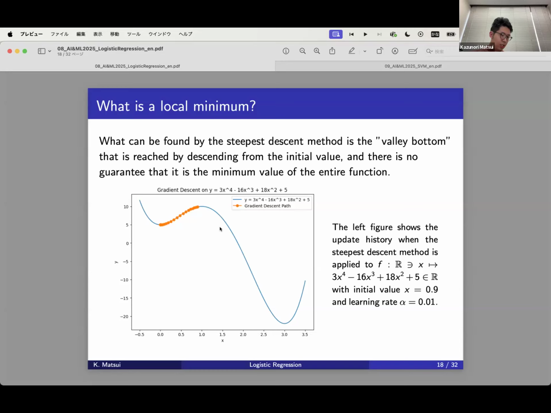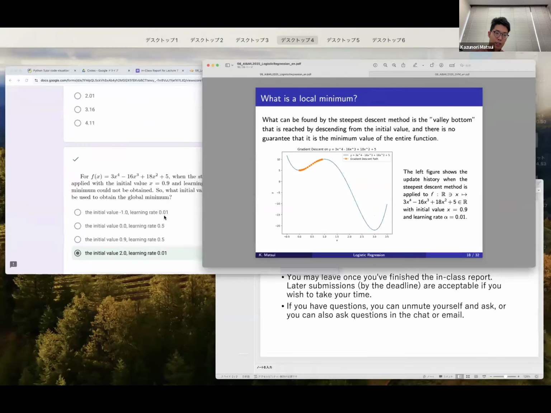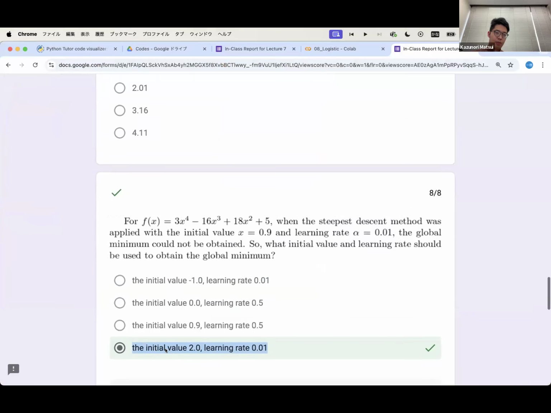However, since we know the graph of y equals f(x) from earlier, unless the initial value is greater than 1, we cannot reach the true global minimum on the right side. So we can predict that we must choose the fourth option, initial value 0.